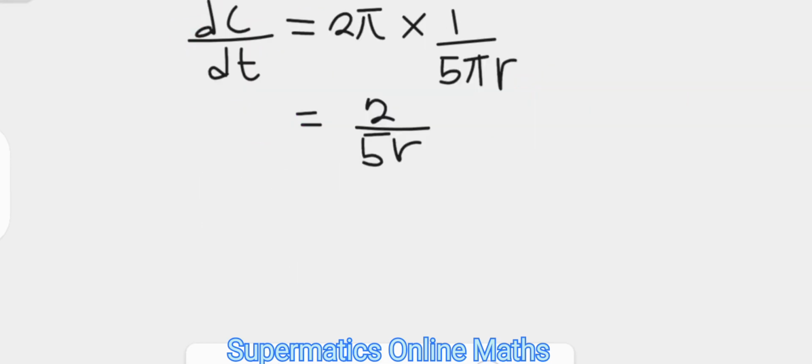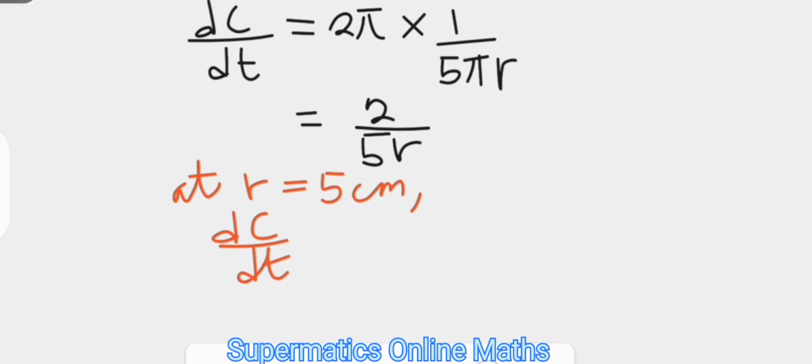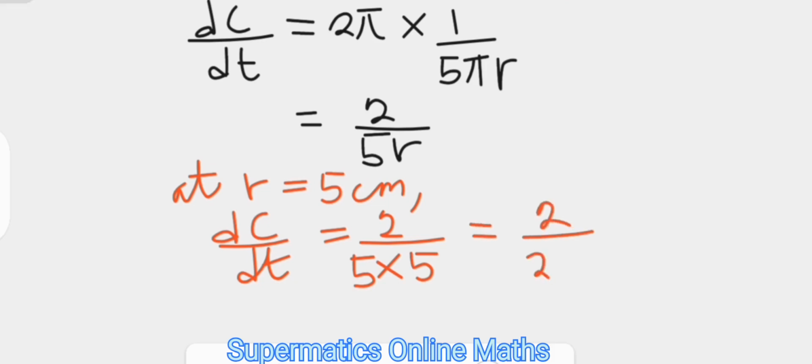But we have to look for this rate of change of circumference with time at the radius of 5 centimeters. So at r equals 5 centimeters, dC/dt is going to be 2 over 5 times 5, and that is going to be 2 over 25 centimeters per second.